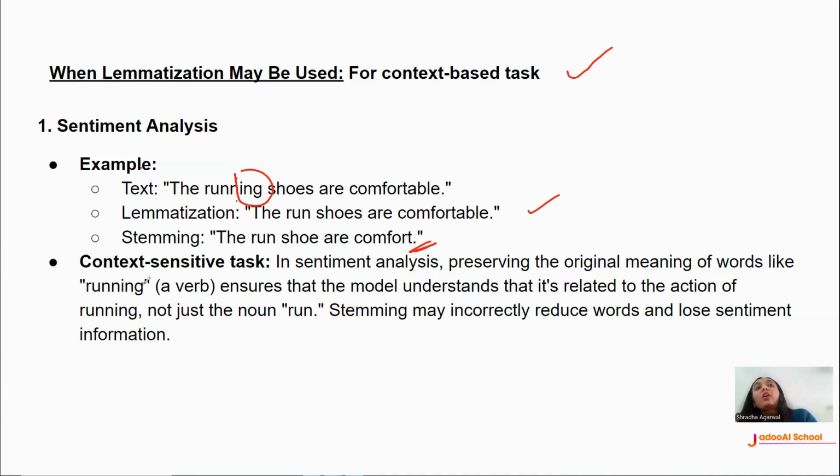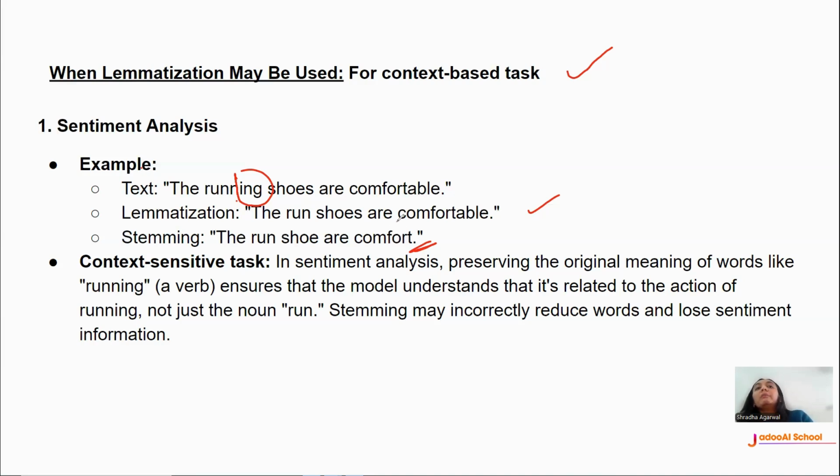Now, what is a context-sensitive task? It's the one I told you about, the sentiment analysis kind of thing. When you do Amazon reviews, if you're doing very broad categories, you will be fine with stemming.